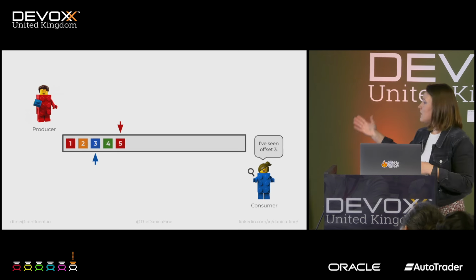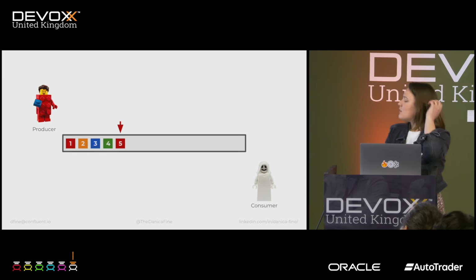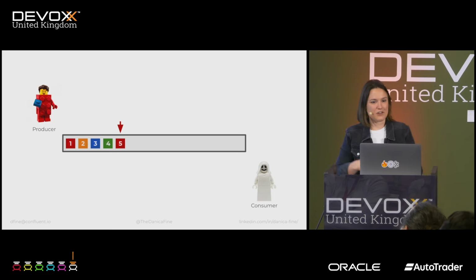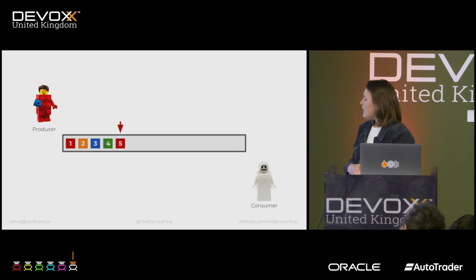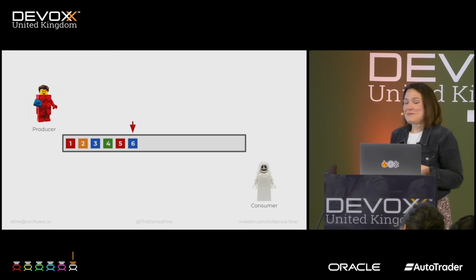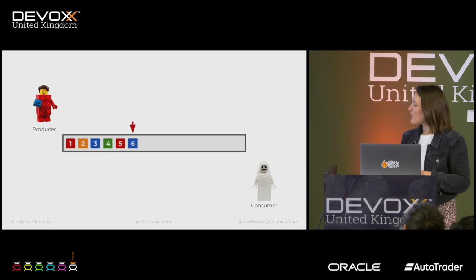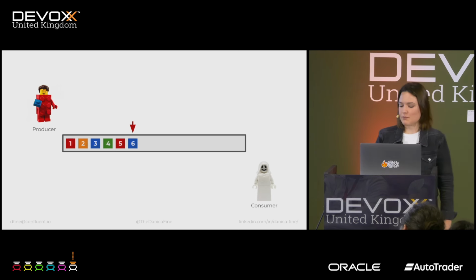The consumer can keep doing its thing, updating its offset at the same time. But it would really be unfortunate if our consumer died. But that's going to happen. It's an inevitability that our downstream applications aren't always going to be online. But the producer can keep doing its thing. It doesn't care. It's going to keep producing to that topic, regardless of whether or not there are applications to actually consume that data.